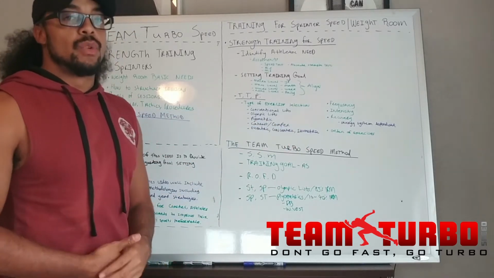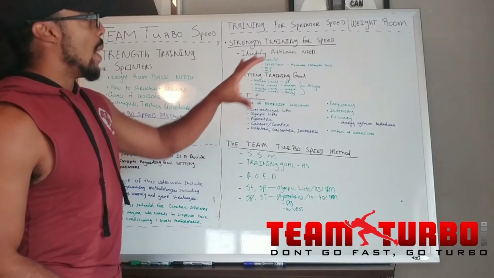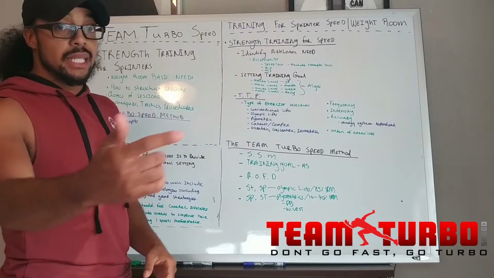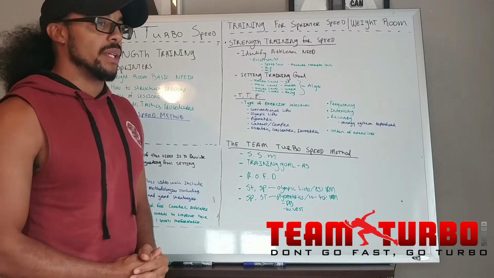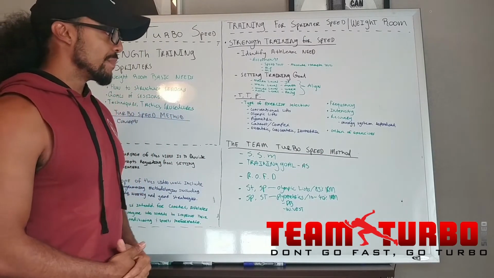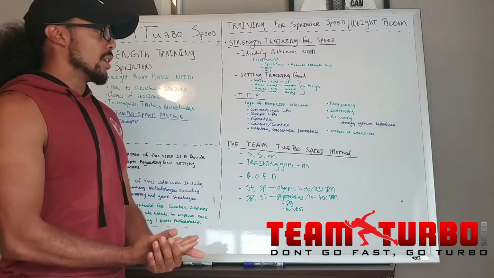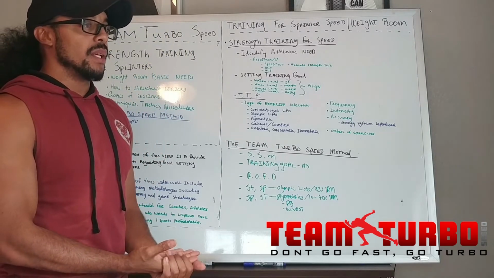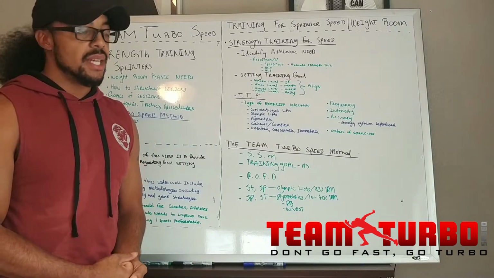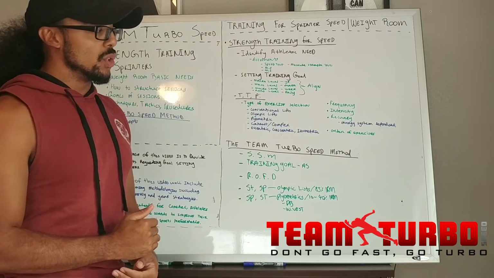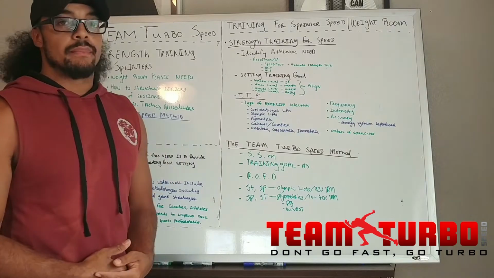Now, the biggest thing you want to be worried about while programming for sprinter speed in the weight room is exercise order, the order of exercises, okay? So, rule of thumb. When you're lifting weights in the weight room, you want to start off with multi-joint movements first, then move into the single joint movements.